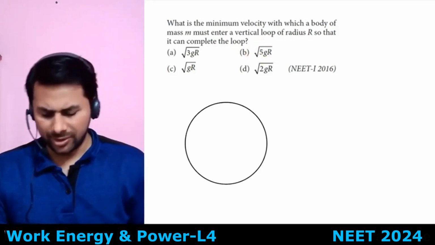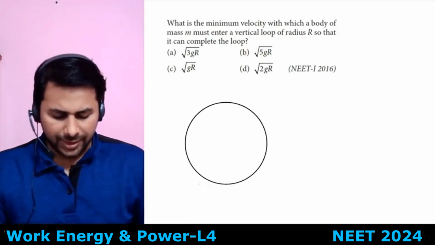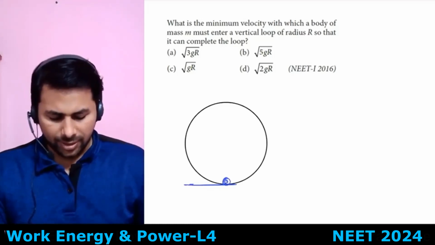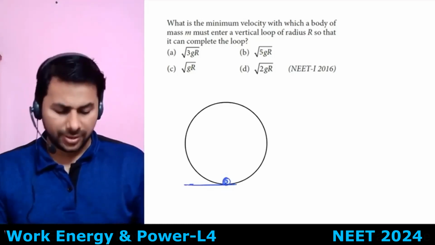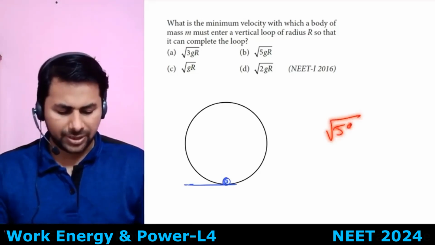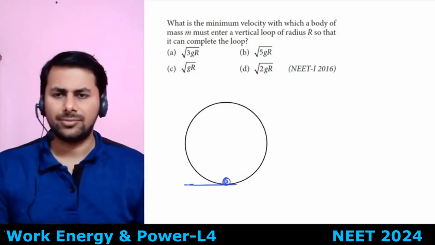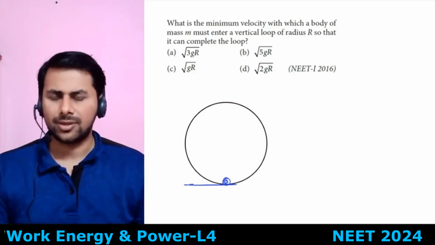Root of 5 gr, because let's suppose it enters at this point. If its speed at this point is root of 5 gr, then only it will cover the complete circle, right?